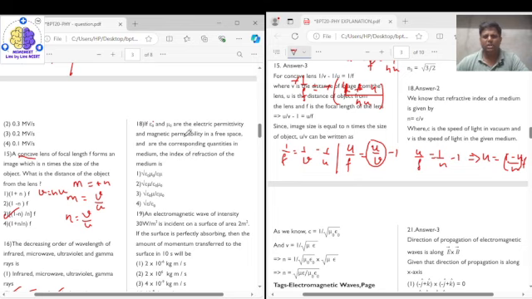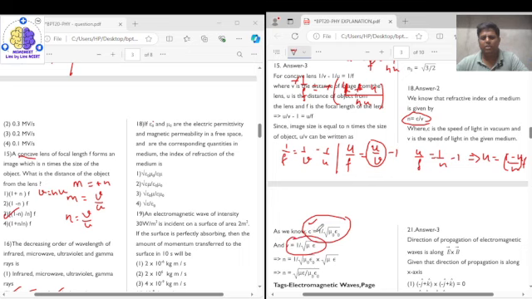So we know that refractive index is equal to c upon v, right? And for vacuum, c is given as 1 by under root of mu naught into epsilon naught, and v is given as 1 by under root of mu into epsilon, right?